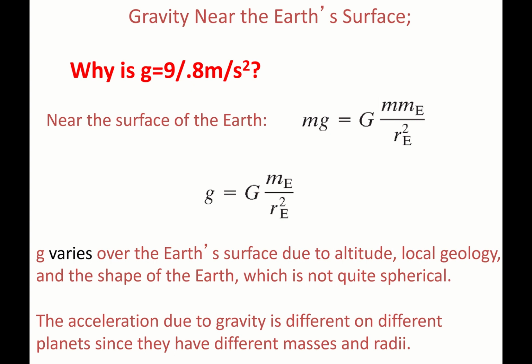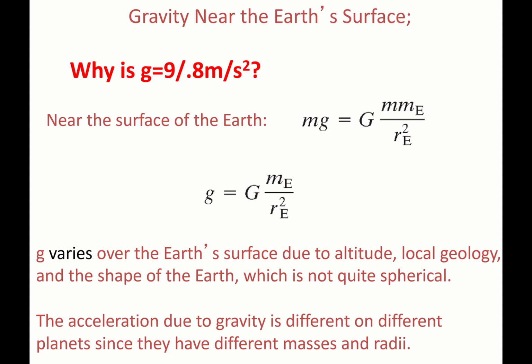And so Newton's gravitational law tells us that should also be equal to big G times the mass times what it's attracted to, which is the mass of the Earth. And the distance should be the radius of the Earth, because the object is right at the surface of the Earth, the radius of the Earth squared. And so if that's correct, then little g should be equal to big G times the mass of the Earth divided by the radius of the Earth squared.